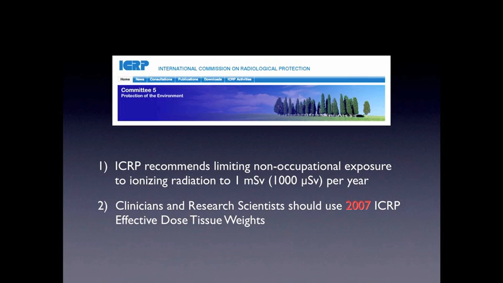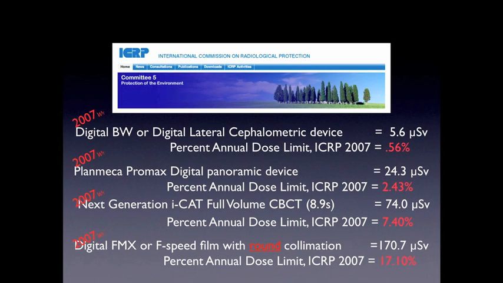They also changed the tissue weightings, which really has changed our dosimetry publications. As you see here, most regular dental X-rays, what people experience when they go to the dentist for a full mouth X-ray series, are often taken once a year, perhaps once every 2 years.